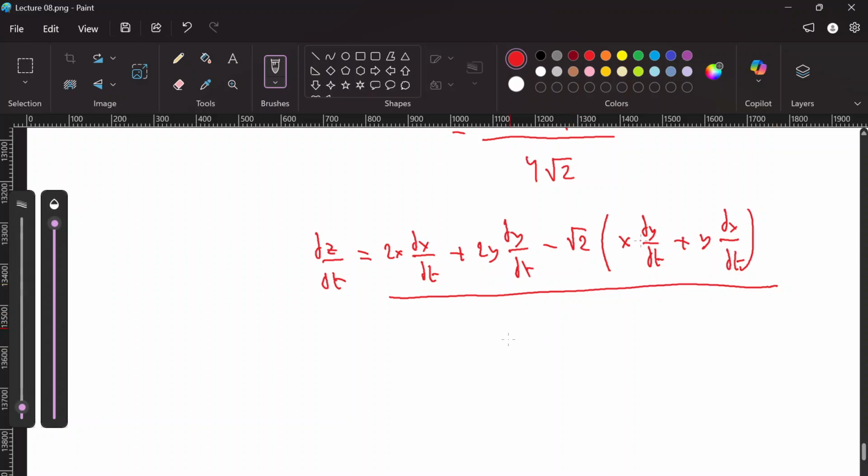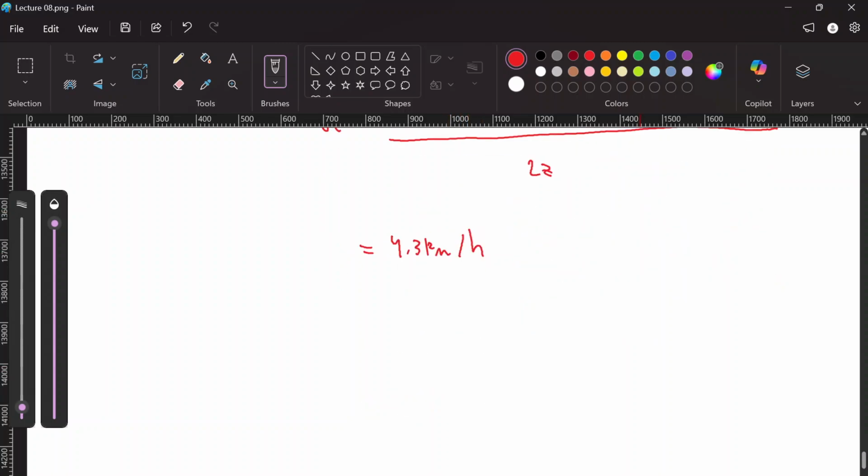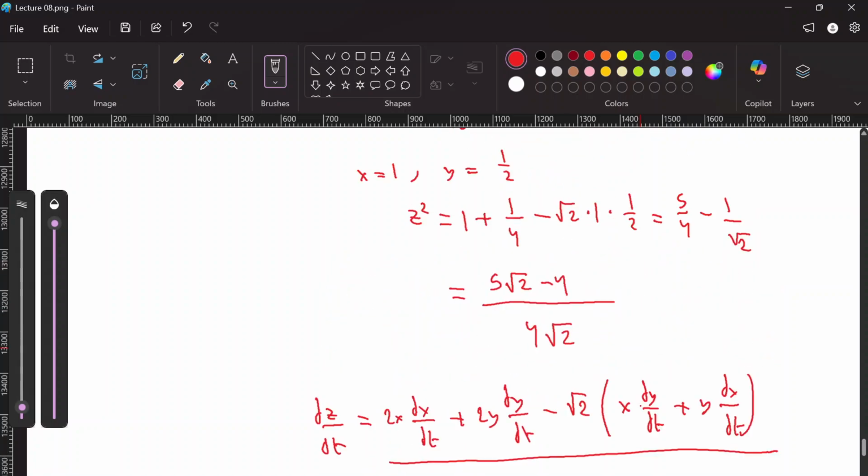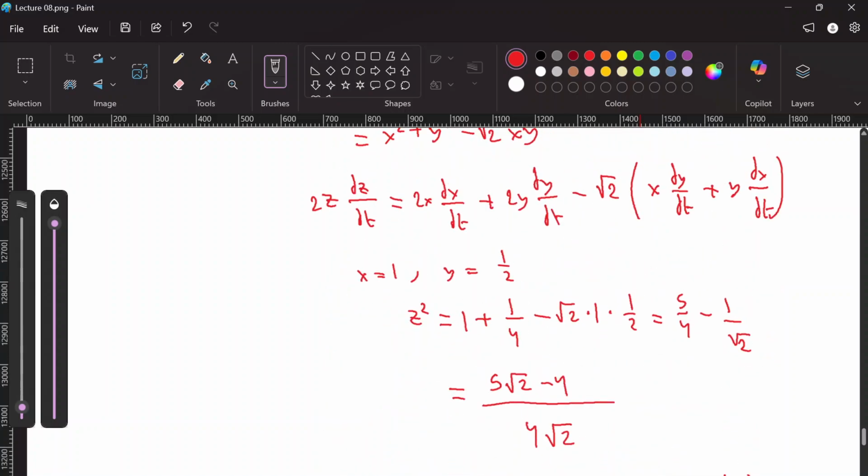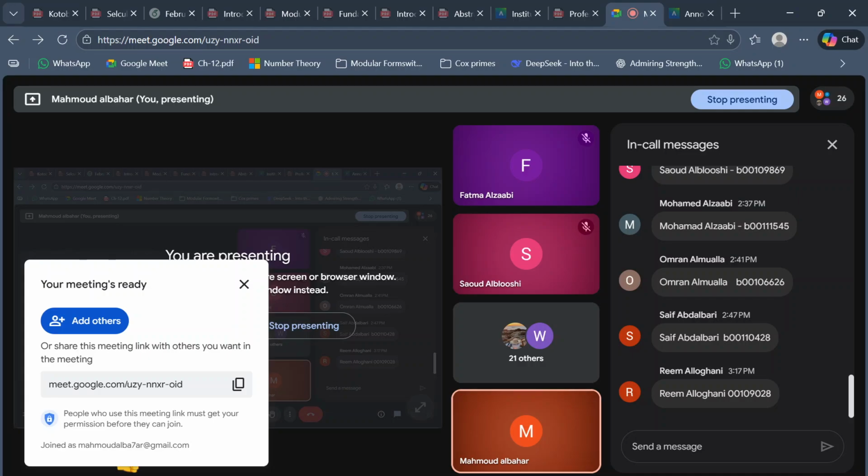You substitute everything and you use your calculator. You will get 4.3 kilometers per hour. Are you good with this? Yes, no.